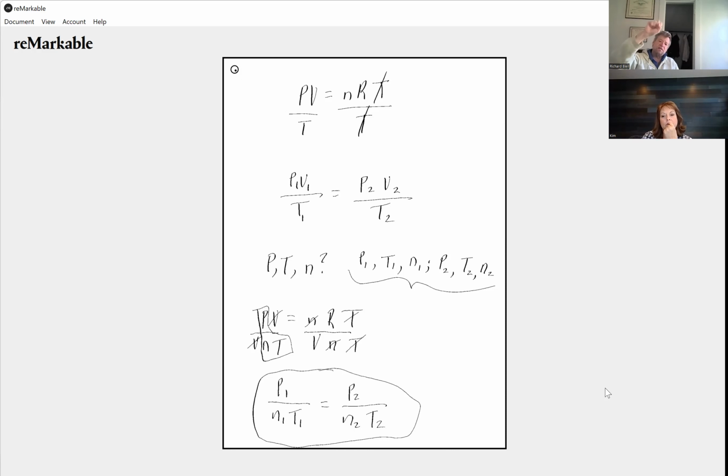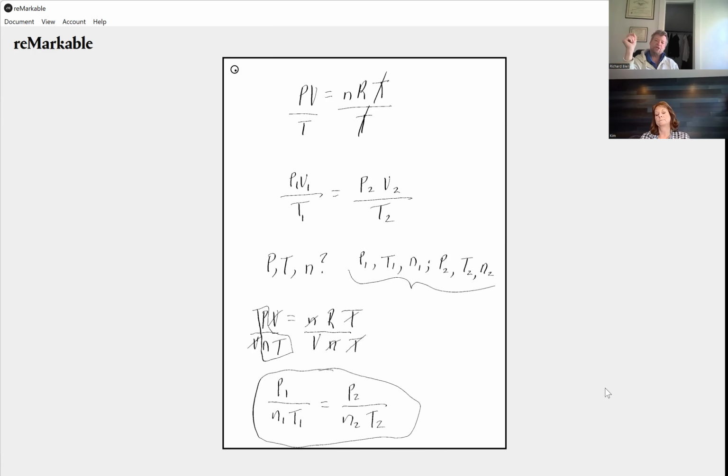Remember, there are two kinds of energy. Kinetic energy is the energy of motion, not a force. Potential energy is stored energy. When we talk about something holding atoms together, that's stored energy.